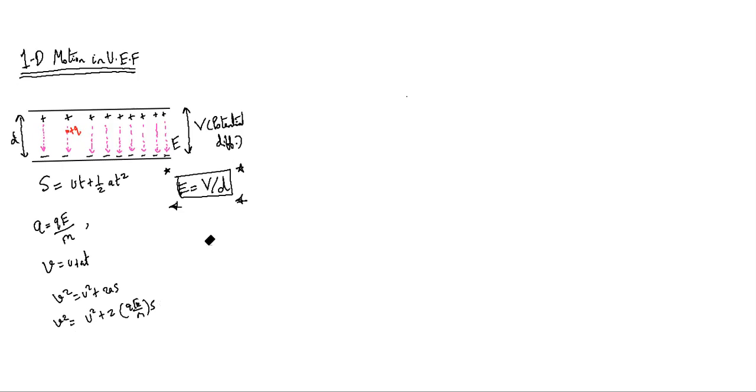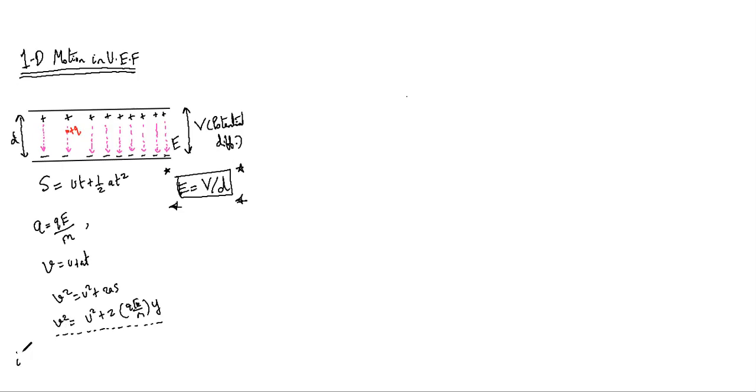Here the value of s will be y. So this is how we can solve the problem. If they ask what is the final velocity, what is the displacement, all these questions can be asked.